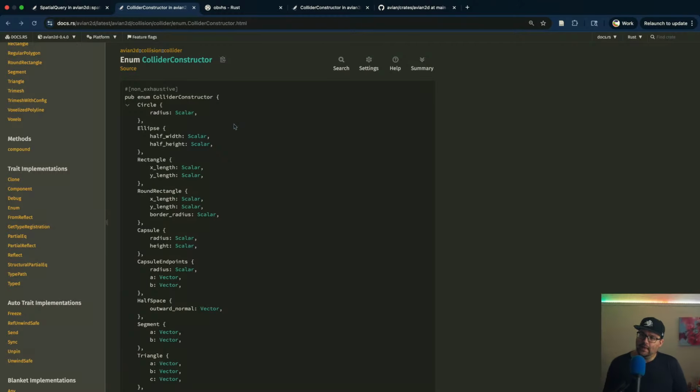So I think actually, because the circle collider would be just a radius, we will be going straight at all of the vertices anyway. So maybe that's fine.